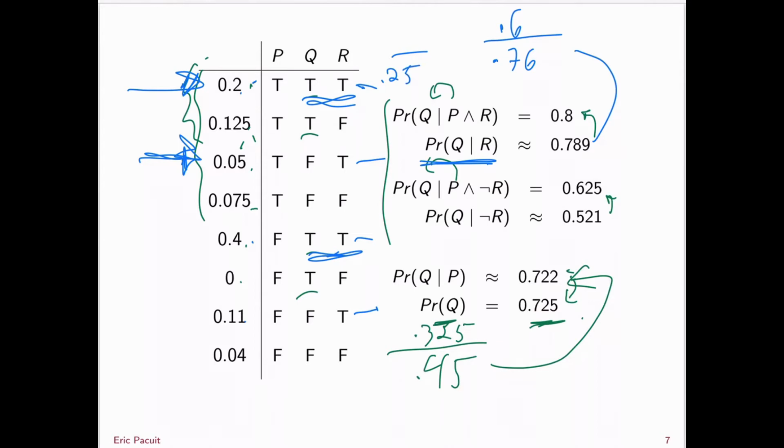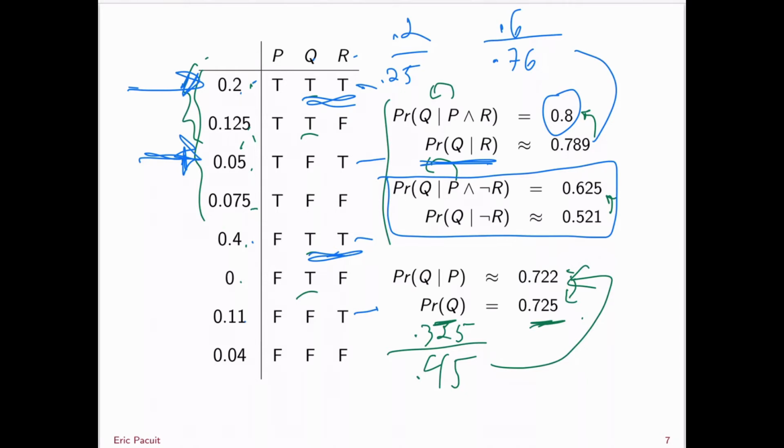The numerator is P and Q and R, which is just that row, so that's 0.2. So that's 0.2 divided by 0.25, which is exactly equal to 0.8. I'll leave the verification of these last two conditional probabilities to you, but you can check using the stochastic truth table that in fact, conditioning on not R, P is positively relevant to Q.